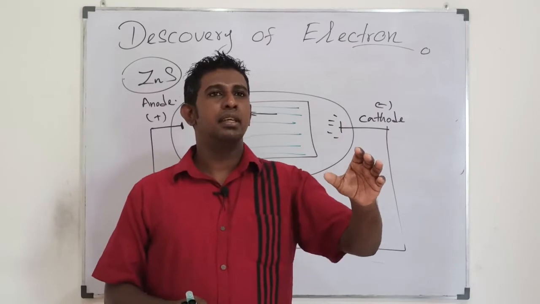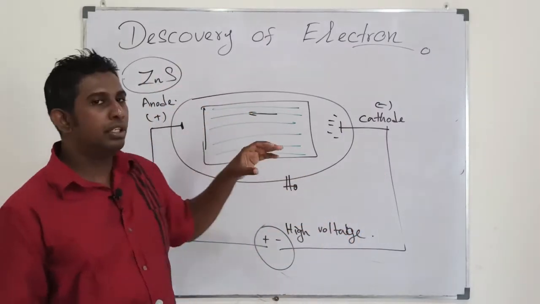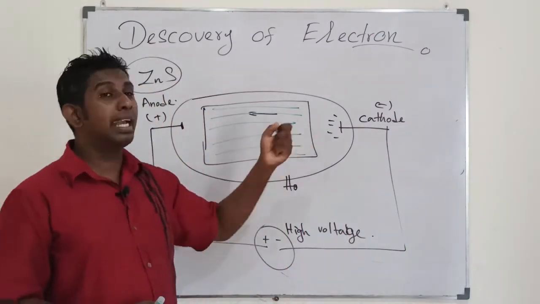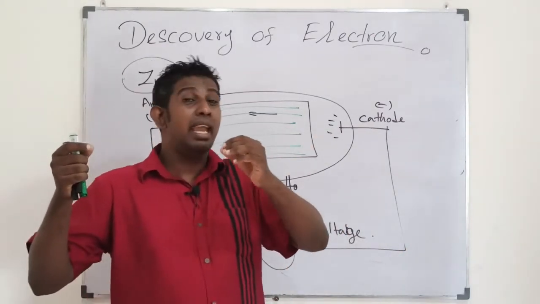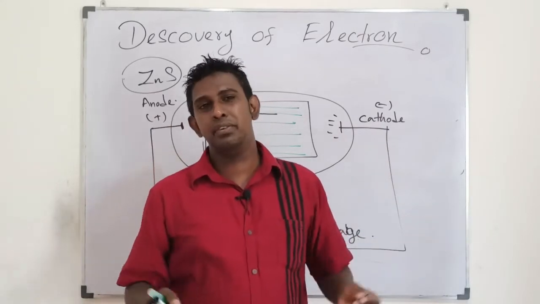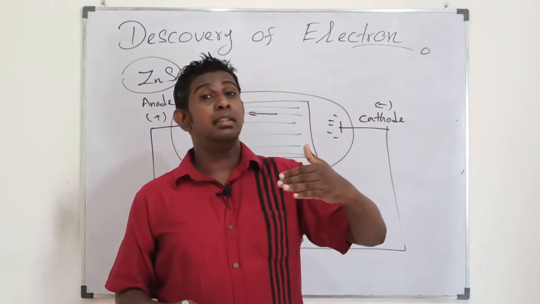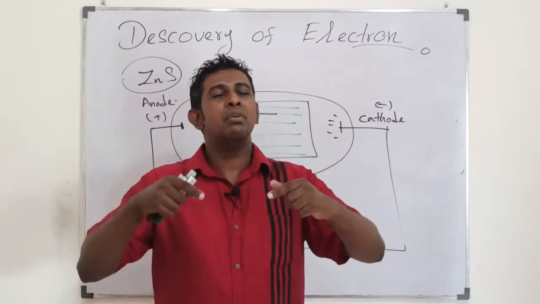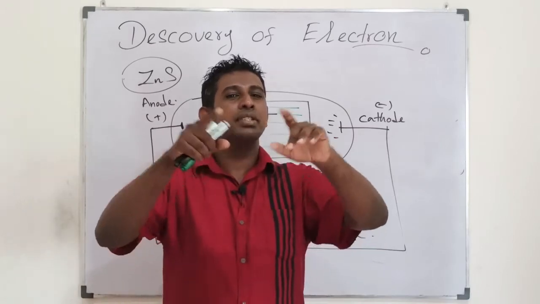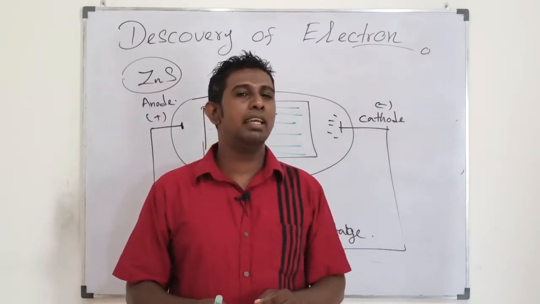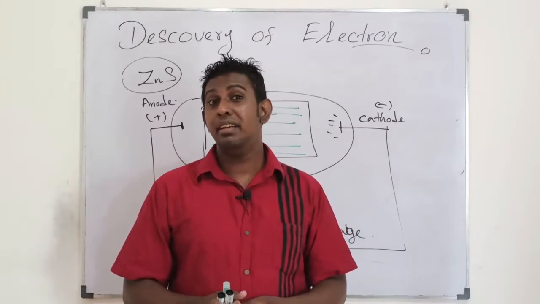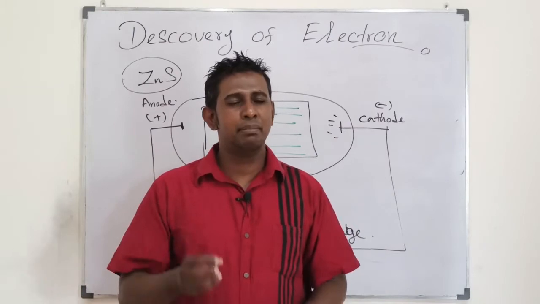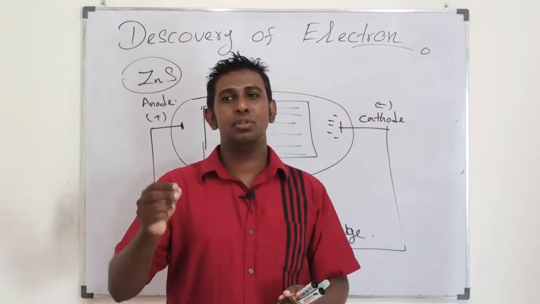He changed the shape of the cathode tube at times, as well as the type of the cathode, and he did various different experiments to reveal the properties he wanted to check out. Okay, I'm now going to give you the series of experiments carried out by J.J. Thomson, and the honor of the discovery of the subatomic particle electron goes to J.J. Thomson.